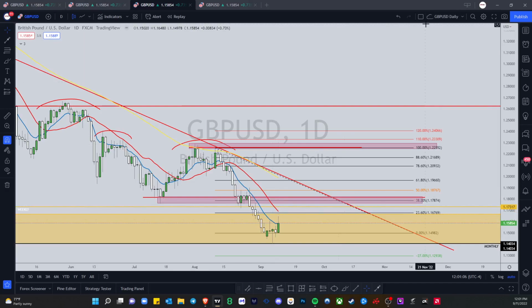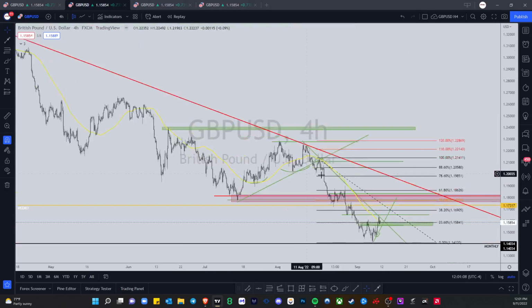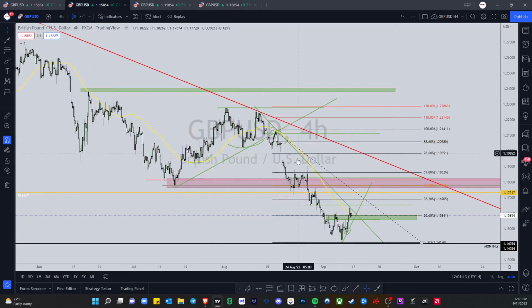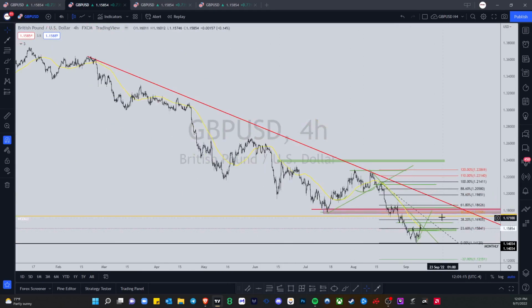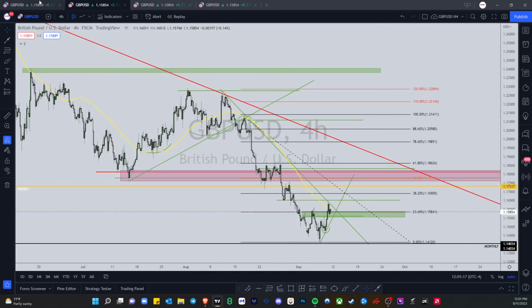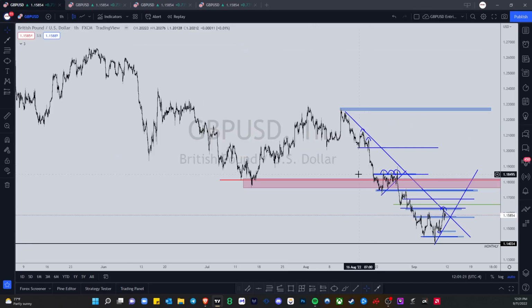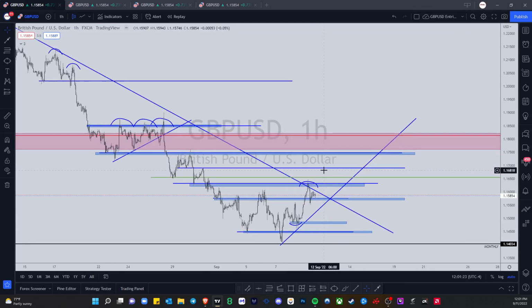Overall trend is bearish. Same thing with H4. All right, H4 is bearish, just counter trending bullish. So I'm just gonna take advantage of the small areas where I could take my buy, take the counter trend buy.